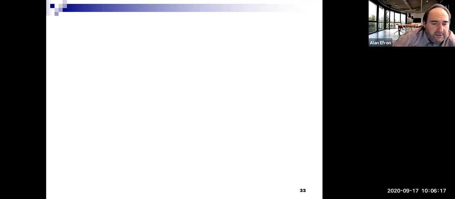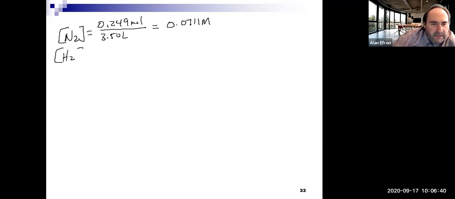So the concentration of N2 would be the moles, which is 0.249, divided by the liters, which is 3.5. And that would give us something like 0.0711. We do the same thing for our H2. It had 0.0321 moles divided by 3.5 liters, and that equals 0.00917 molar.